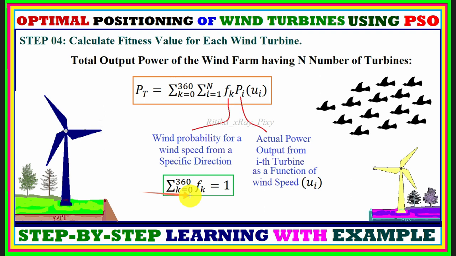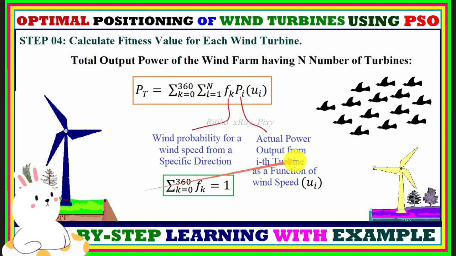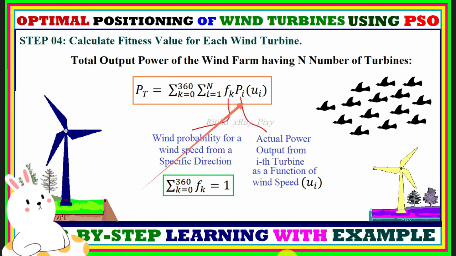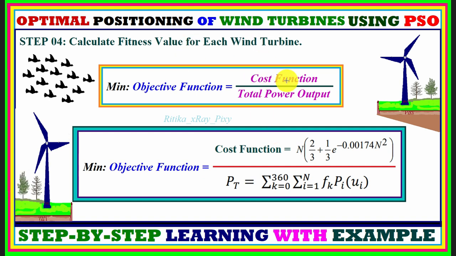So we have different directions from 0 to 360. This denotes the wind probability for a wind speed from a specific direction. Next you can see here this one is the actual power output from the ith turbine as a function of wind speed. So here this is our objective function, that is the cost function, this one divided by total power output.